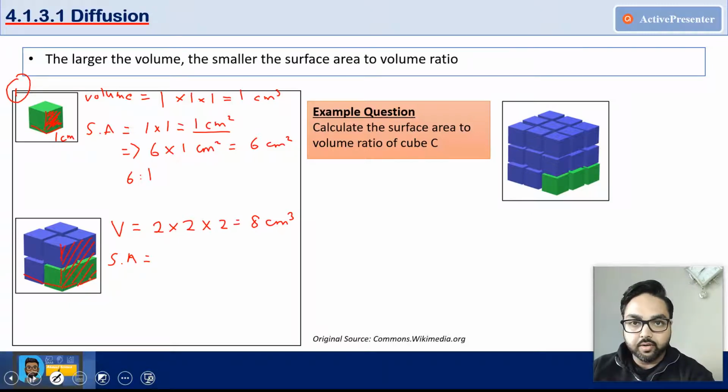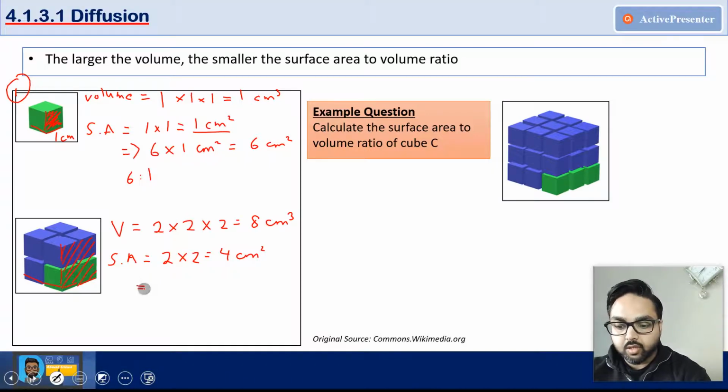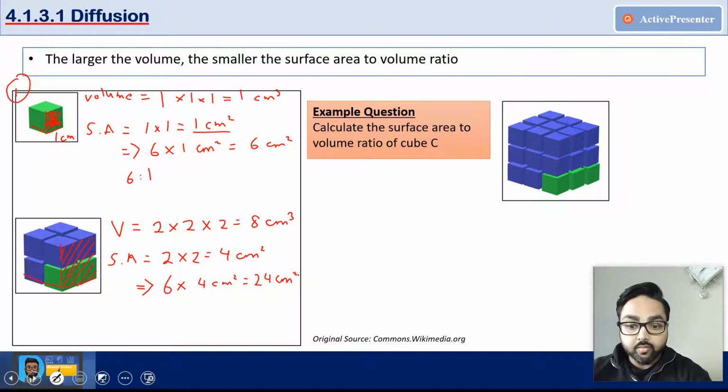Well, what's the surface area of this side? It's just going to be 2 times 2, which is equal to 4 centimeters squared. However, like I said, I need to multiply that by 6, so I'm going to do 6 times 4 centimeters squared, which is going to give me 24 centimeters squared. So the surface area to volume ratio in this particular example is 24 to 8.